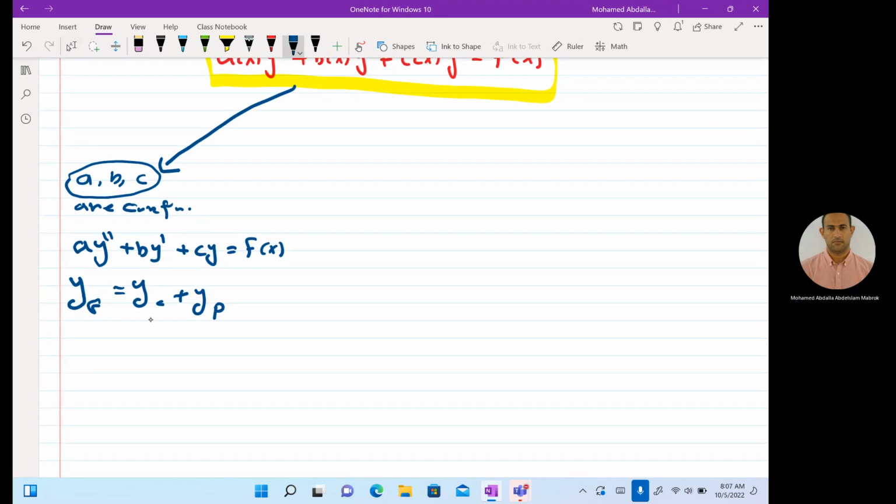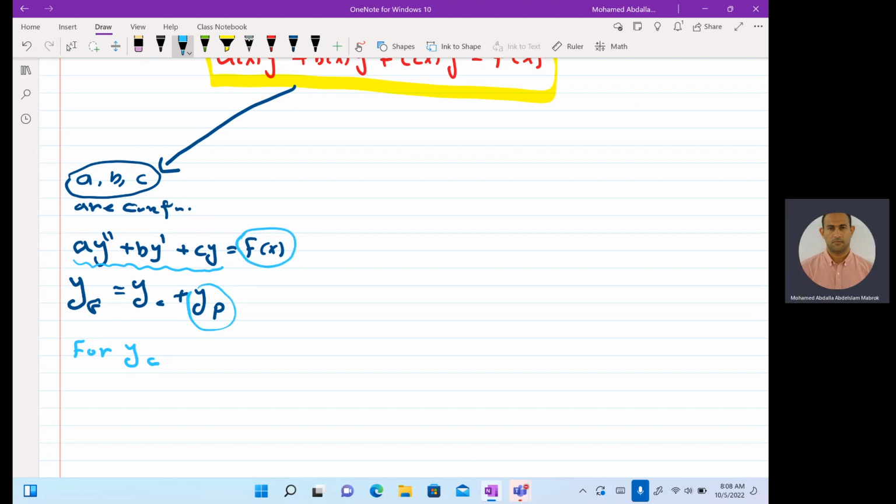Now, for yc, we normally build something called the characteristic equation. yc corresponds to the solution of the homogeneous part. yp corresponds to the solution of the particular part, which is the f(x). So for yc, we build the characteristic equation A r squared plus B r plus C equals 0.